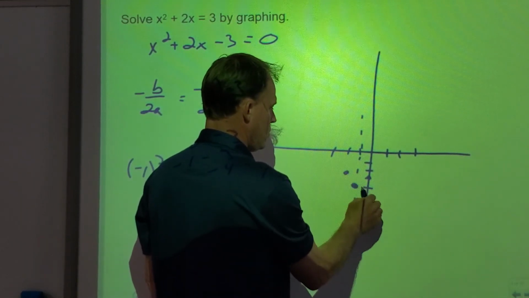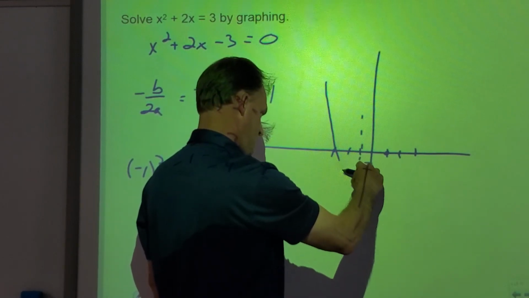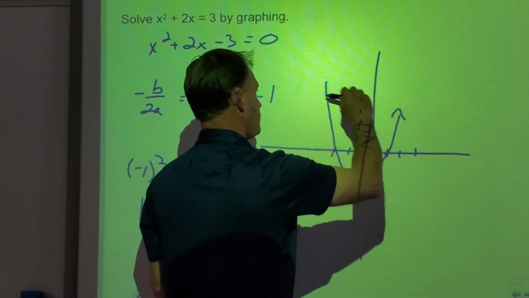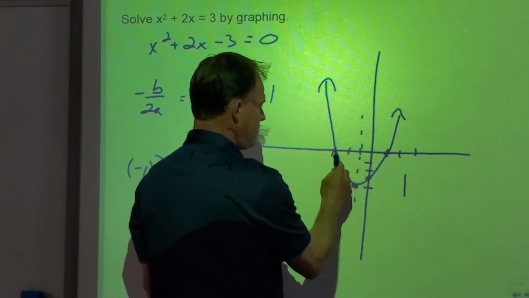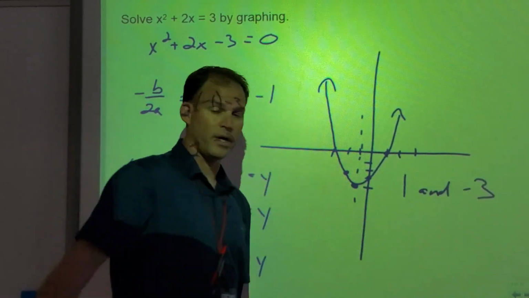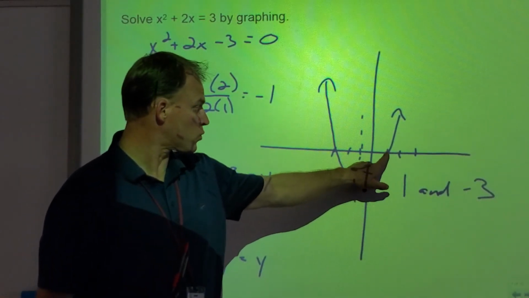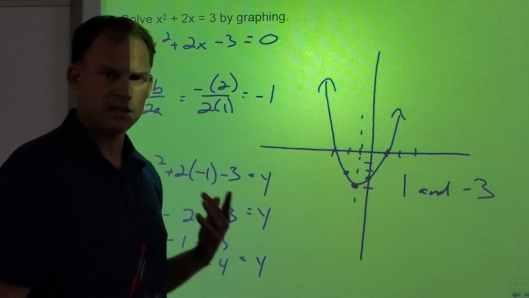Then I would go 2, 4, and I can look at the graph and I can see the positive 1 and negative 3. That's where my graph hits the x-axis. So those are my solutions.